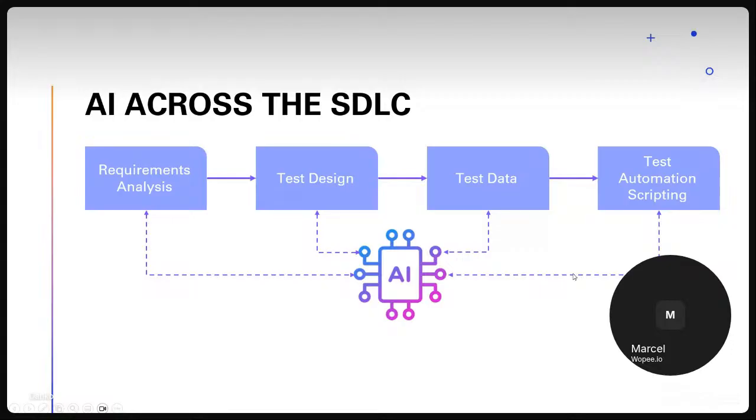Then on the next stage, we go to test automation scripting, where AI can transform those BDD scripts or the test steps into executable code with some custom script enhancements. That can be with additional context of the application, etc. But with some guidance, it can generate quite useful code to be used.